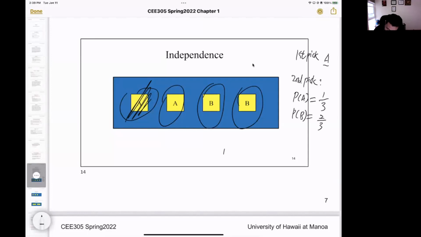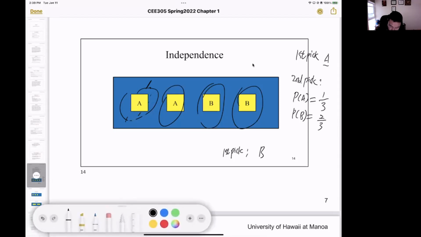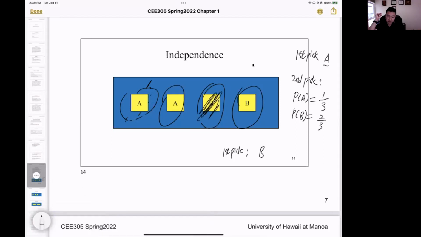If on the first pick we get a B instead, then after the first pick we have 2 A's left and 1 B. Then for the second pick, what is the probability we get A?